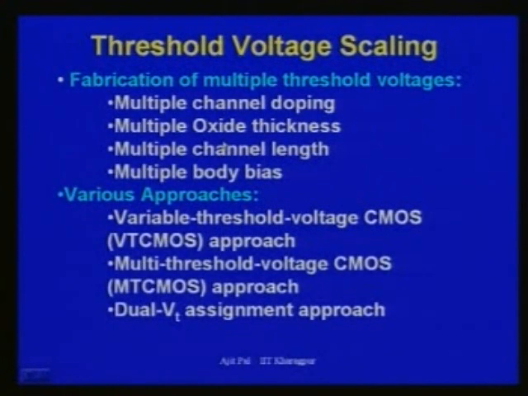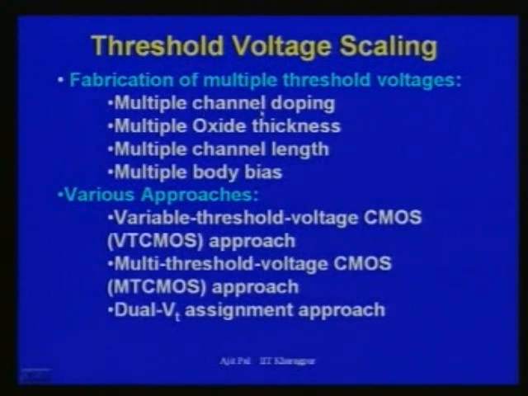And question is how you can really change the threshold voltage of a transistor in a circuit. How can you do that? There are several techniques. One is you can use multiple channel doping, you can use multiple oxide thickness, you can use multiple channel length, or you can use multiple body bias.